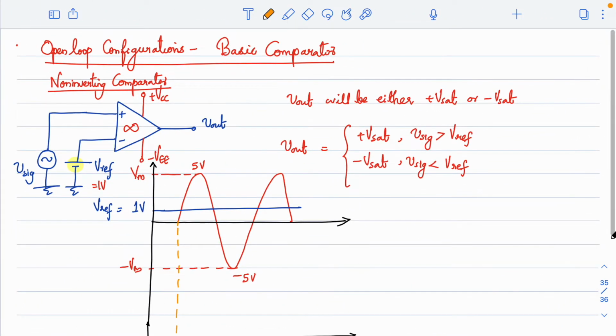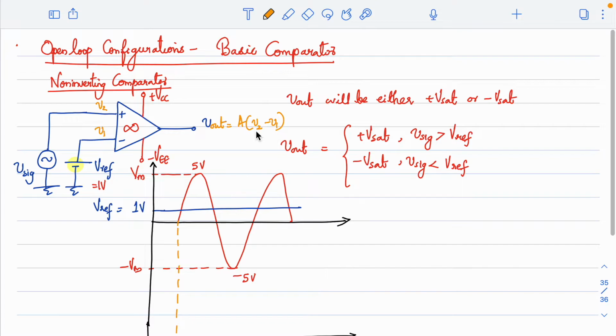Output voltage Vout can be written as A times V signal minus Vref, or in turn, this is V2, this is V1. That is what we have written so far. So I can write Vout is equal to A times V2 minus V1, right?